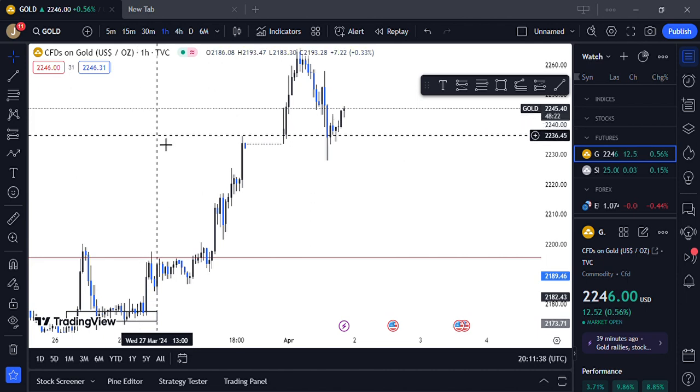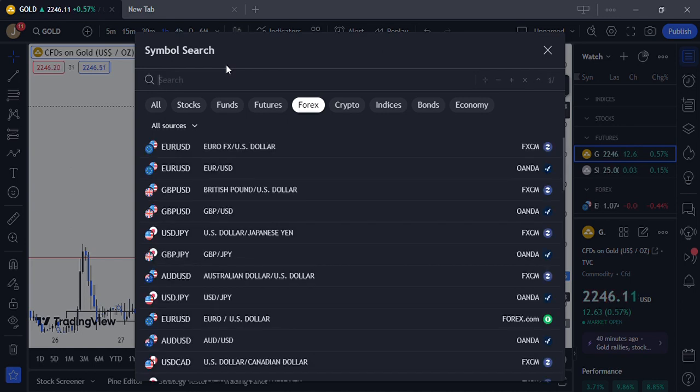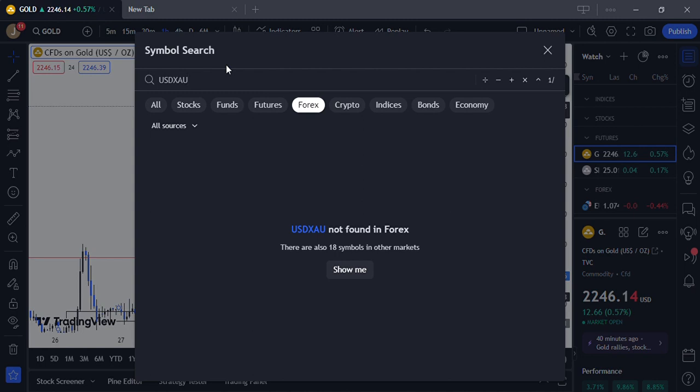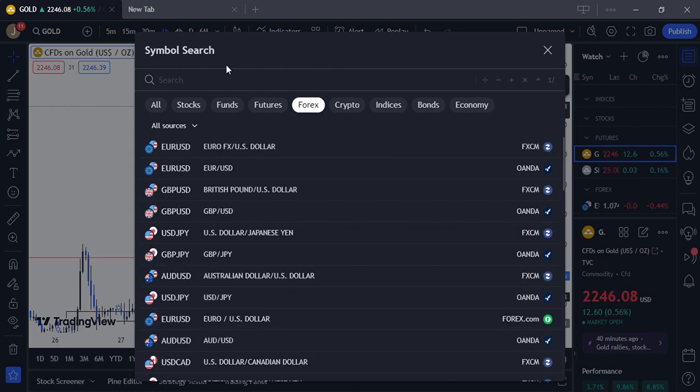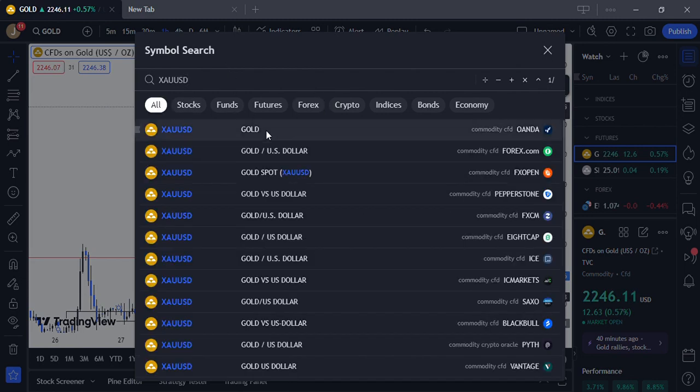Let's say it's the proper name. The proper name is XAU USD. Oh, XAU USD, gold. So we're comparing gold, XAU, to USD.